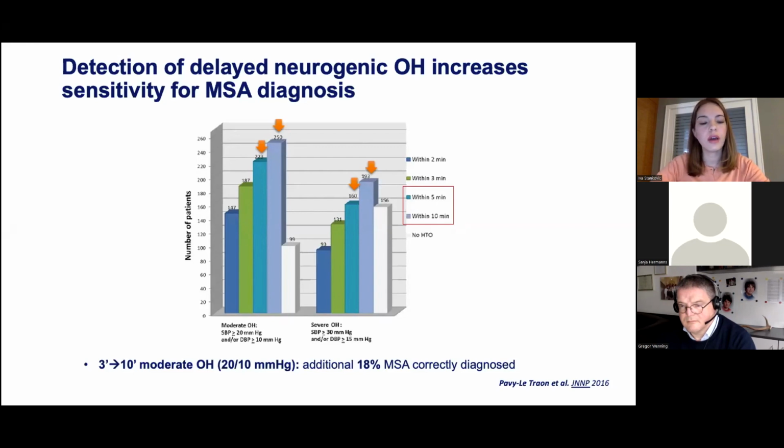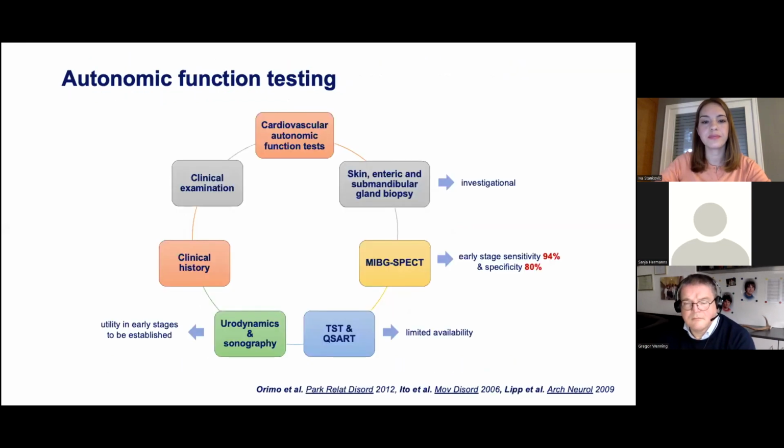Actually, if the time of blood pressure measurement would be extended to 10 minutes, and a cutoff for orthostatic hypotension set at 10 millimeters of mercury, an additional 18% of MSA patients would be correctly diagnosed according to this European multi-center study.